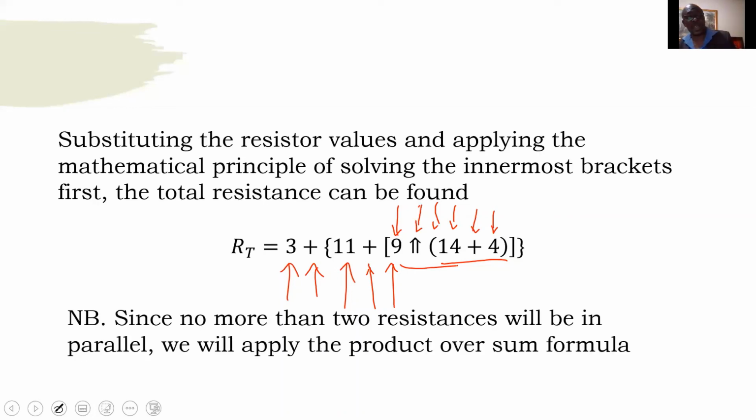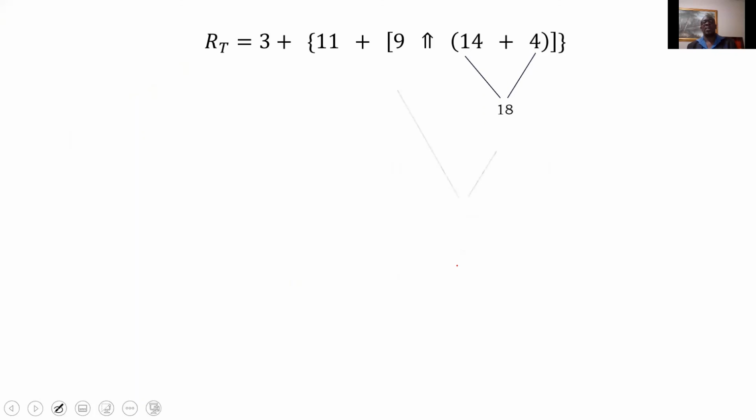The other thing I want to point out is that since we're dealing with only 2 resistors, as we mentioned earlier, at no time will we have more than 2 resistances. So we can easily use the product over sum application. Okay, so let's get cracking. Here are my resistances. I'm going to start with the 4 and the 14. Because they are in series, I simply add them. I get 18. 18 and 9, I get 6.